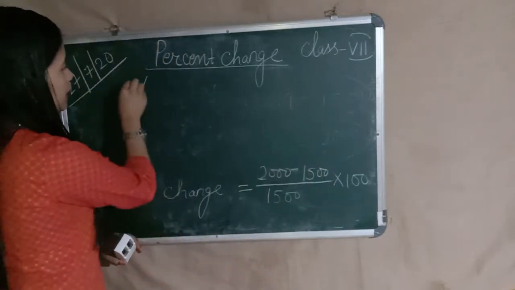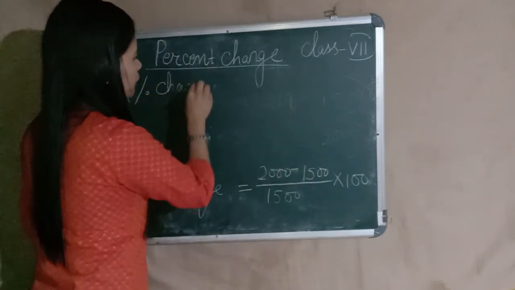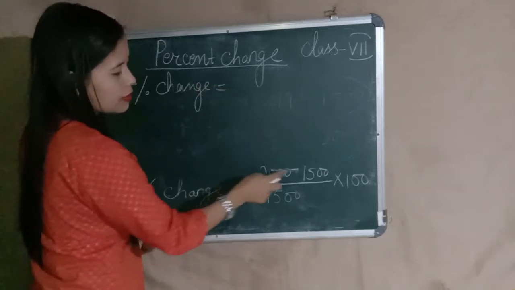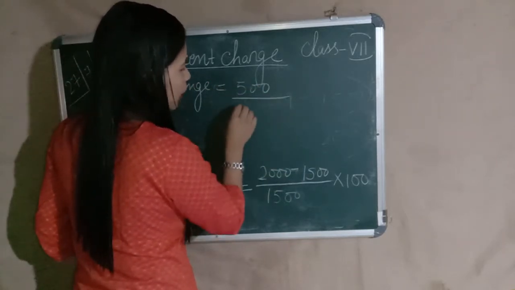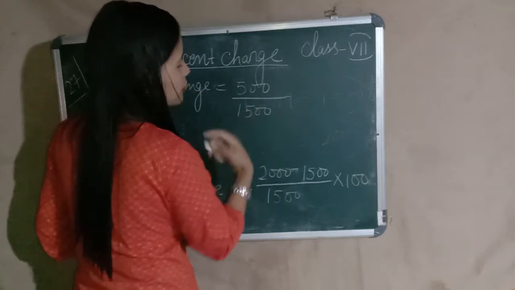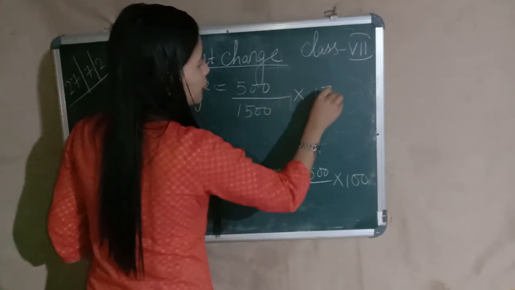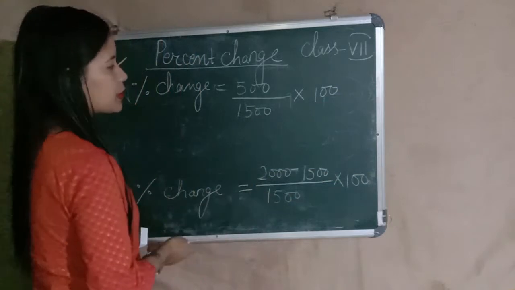So percent change will be equal to 2000 minus 1500, which is 500, divided by our original value 1500, into 100, because we are converting it into percentage.